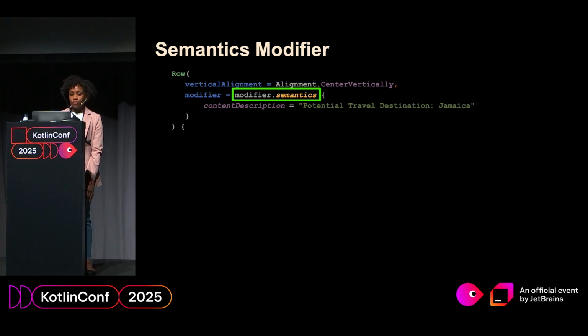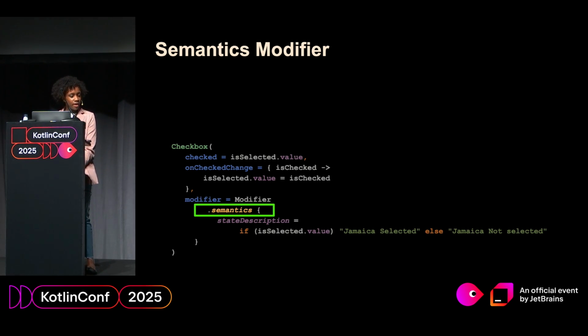For this one, it would be potential travel destination, which is Jamaica. Then we have the checkbox, where all I set was the state description, just to make sure the user would know if the place they're looking at, or that is in focus at the time, is selected or not selected.